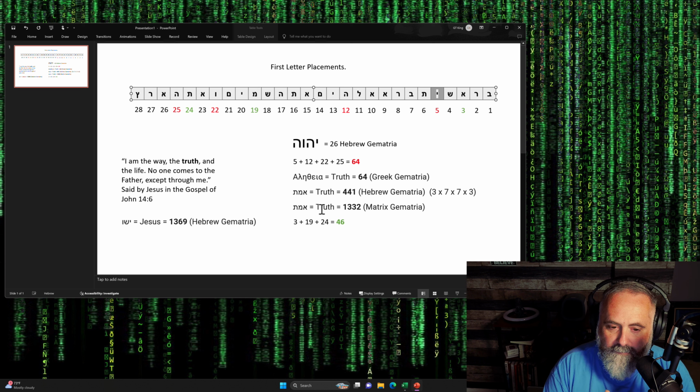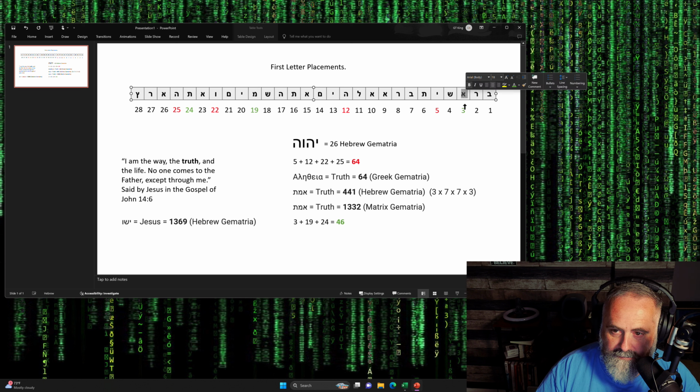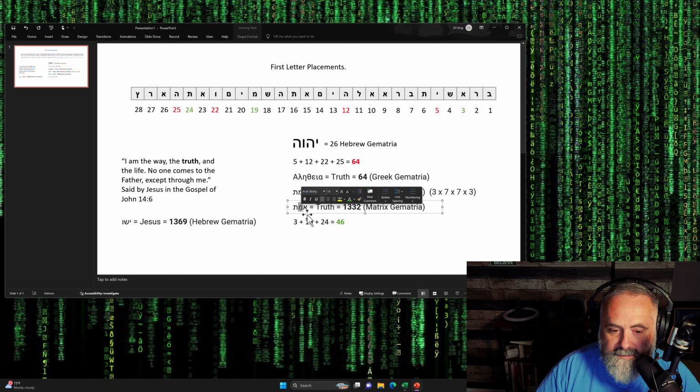Now, if we take the word truth and look at its first letter placement in Genesis 1:1, the first letter of truth is Aleph. So the first Aleph is right here, and falls in position 3. Now, here's where the encoding gets really deep. I want you to look at this next letter. This letter is Mem.